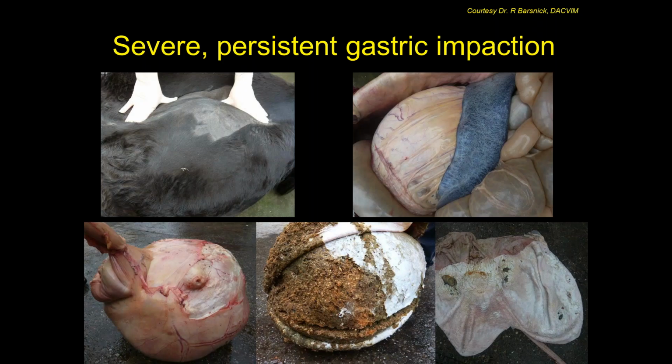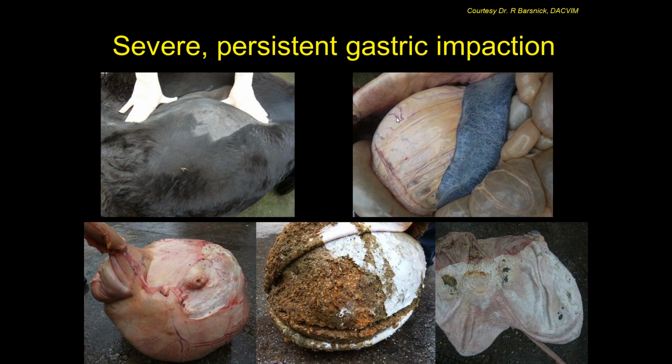So here, unfortunately, is a necropsy from a colleague of mine in Germany. This was a young Friesian that had severe and persistent gastric impaction they just could not get to resolve. You should not be able to do this to a horse and actually get the outline of the stomach.